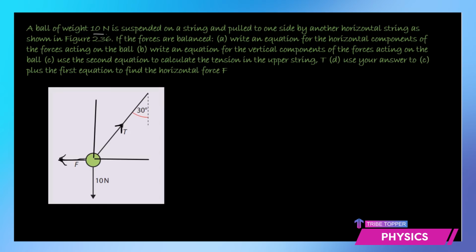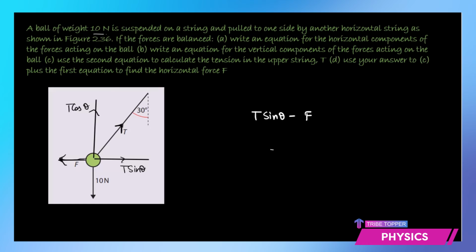You will have T cos theta and T sin theta. On this side you're going to have T sin theta, and on this side you're going to have T cos theta. So we have T sin theta acting to the right and minus F acting to the left. This is the net horizontal component of force acting on the ball.